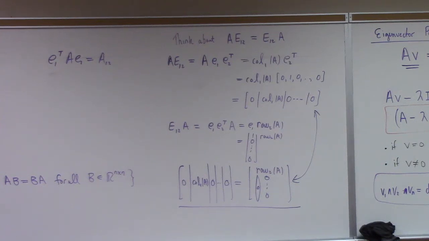How about row 2? Right. Repeat this for i and j arbitrary.